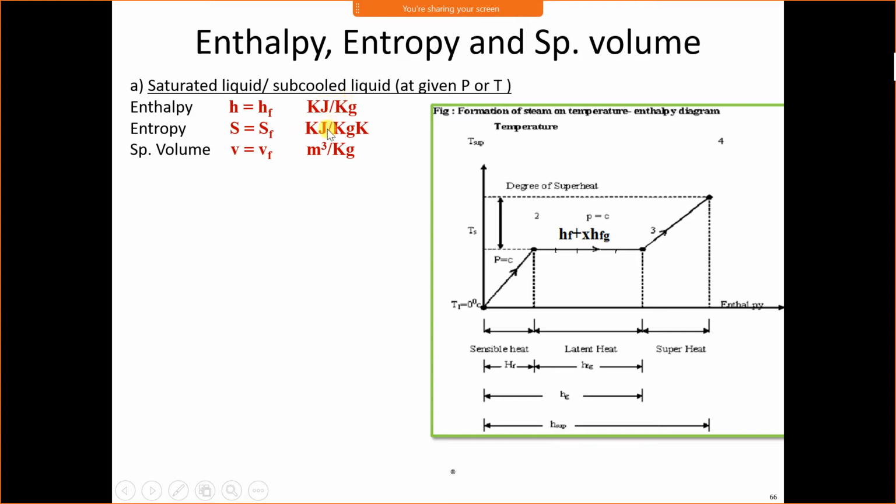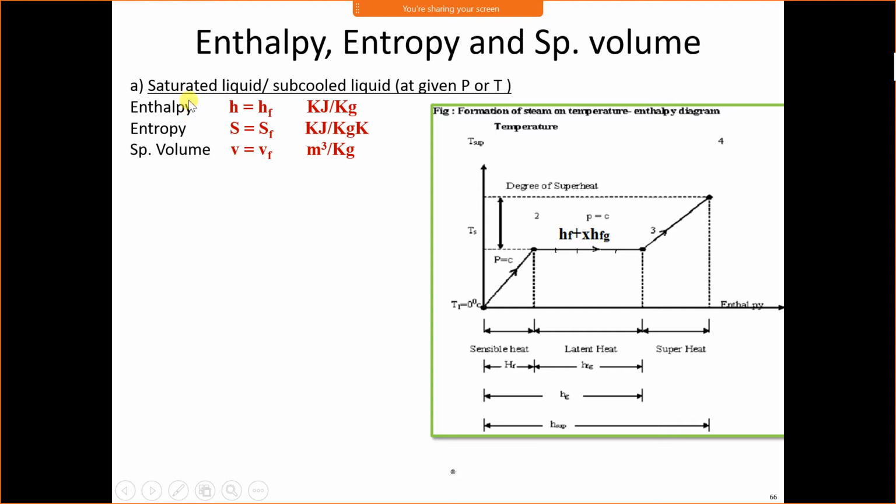Since it is given per kg, these are specific enthalpy, specific entropy, and specific volume. Suppose the mass of water is given. If we multiply specific properties with mass, we will get the total property.